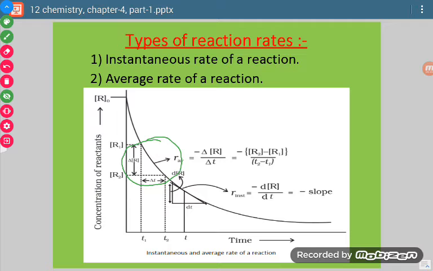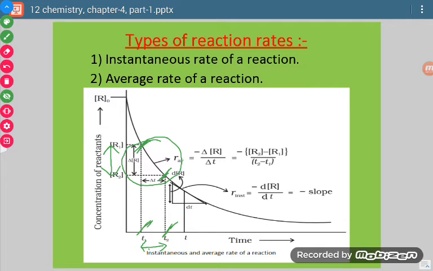Now we have taken 2 points. One time we have taken T1, another time we have taken T2. Whatever is the difference in this time will be the change in time. Similarly, when T1 is the time, this is the concentration value, and when T2 is the time, this is the concentration value. So what is the change in concentration?